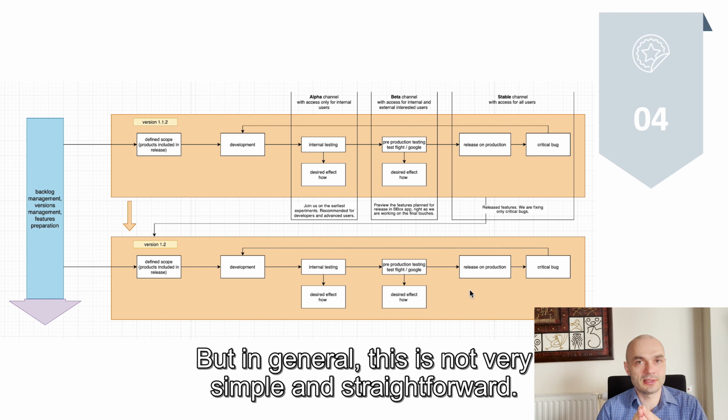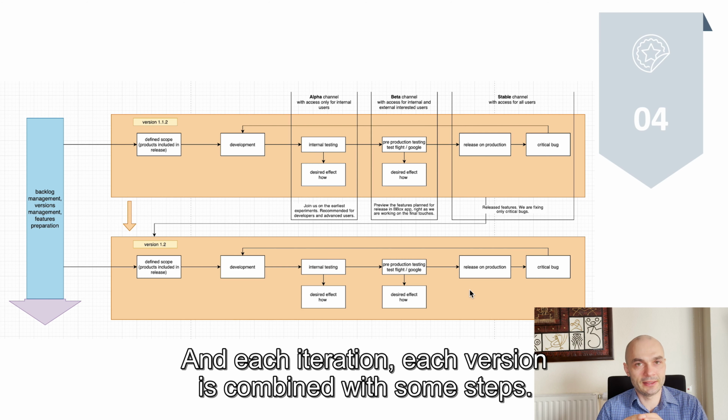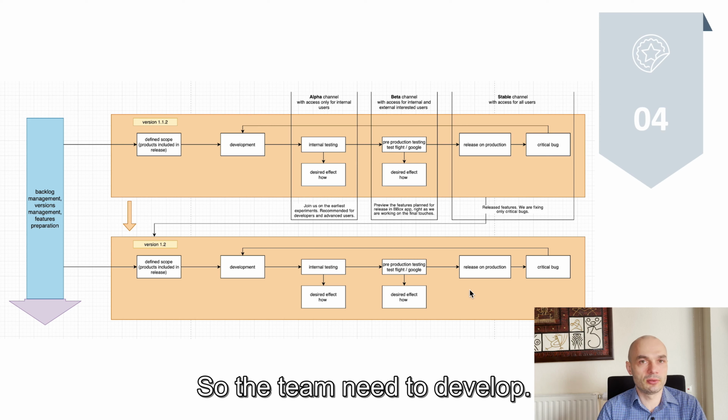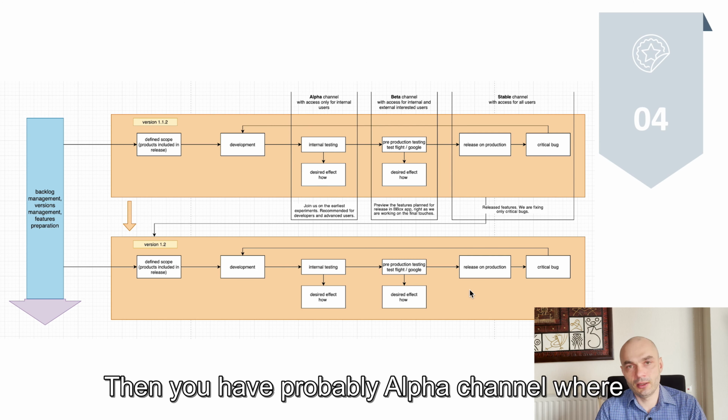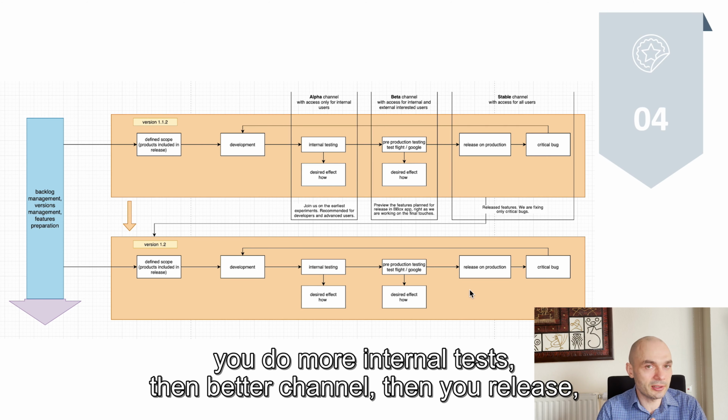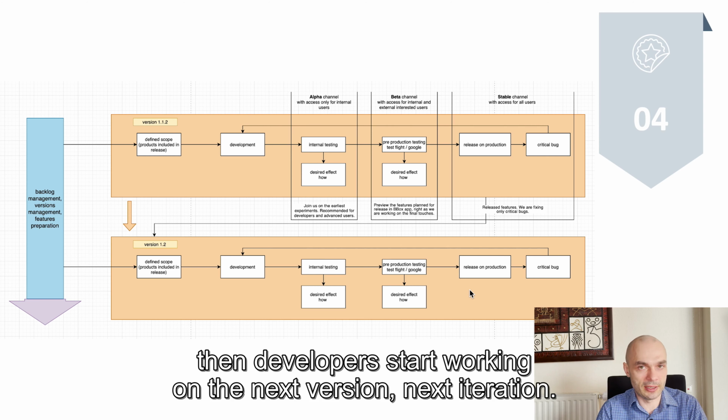In general this is not simple and straightforward, and each version is combined with some steps. Yeah, so the team needs to develop, then you probably have an alpha channel where you do more internal tests, then a beta channel, then you release, then developers start working on the next version, next iteration.